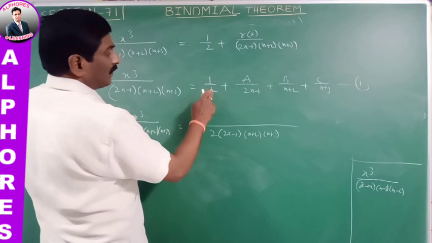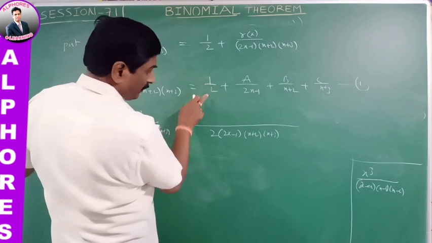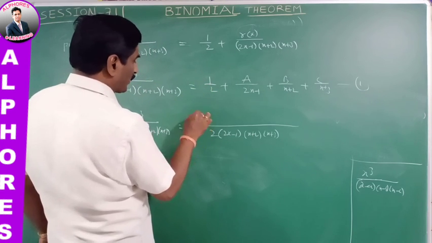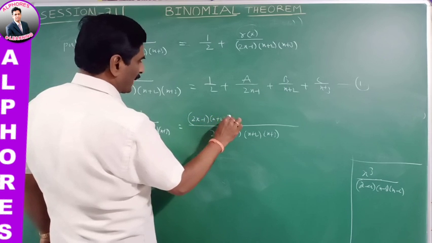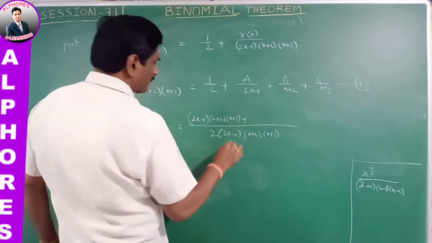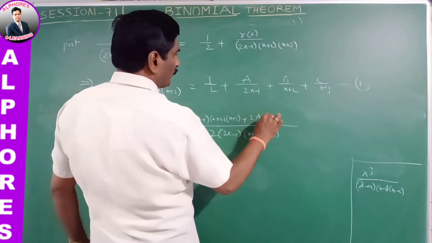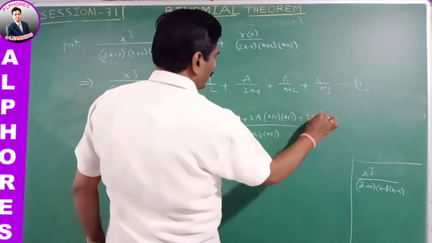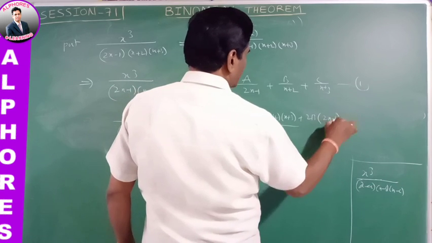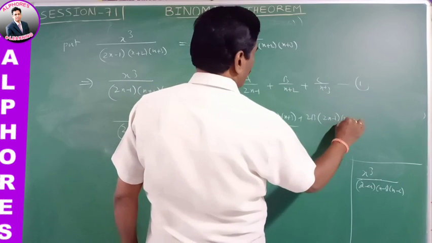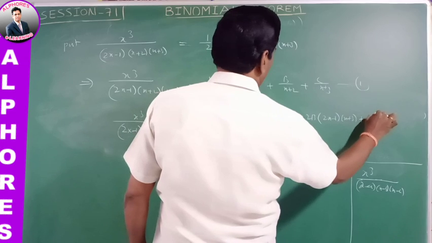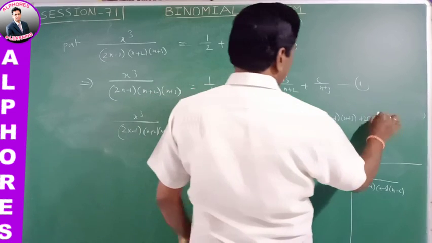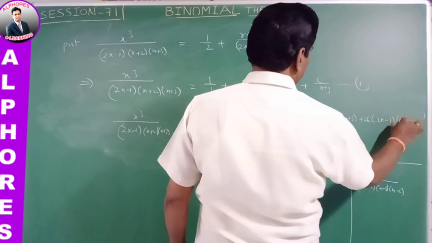Here 1 by 2 gives 2x minus 1 into x plus 2 into x plus 3, plus 2A into x plus 2 into x plus 3, plus 2B into 2x minus 1 into x plus 3, plus 2C into 2x minus 1 into x plus 2.